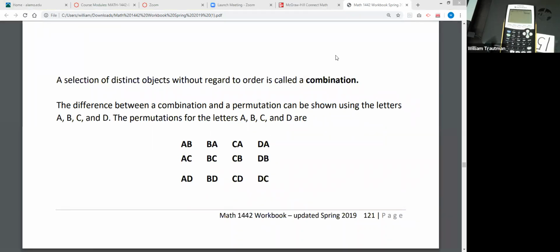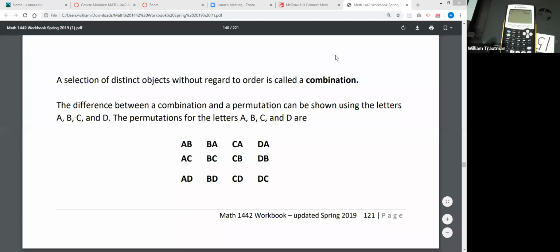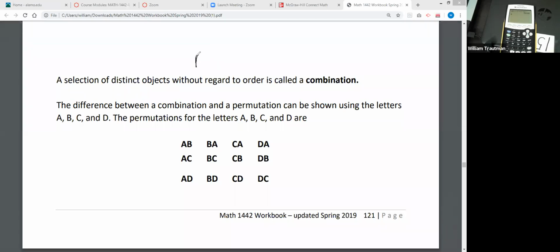We write combination similar to factorial, except we use a C in the middle instead of a P. Remember, in permutation, order matters. In a combination, the order is not important, because you're not ranking people.